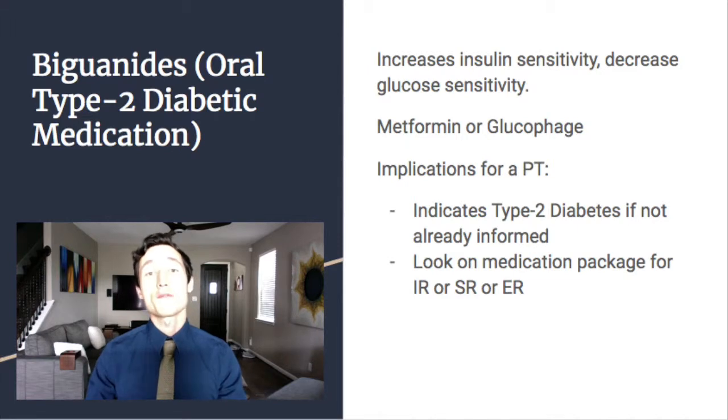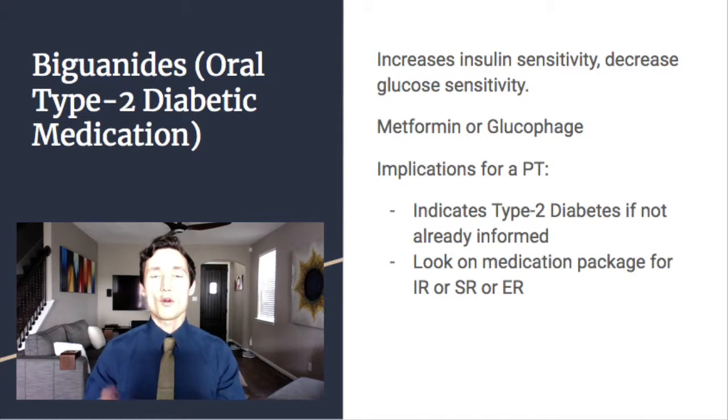But from what I've been informed, or what I've seen on the labels so far for the package of medications, is that the SR, the slow release, and the extended release typically only require a once-a-day administration, whereas the immediate release is more like every 8 to 12-ish hours. So they could potentially take it 2 to 3 times a day. Normally, patients with long-term diabetes are pretty good about their medication regimens.